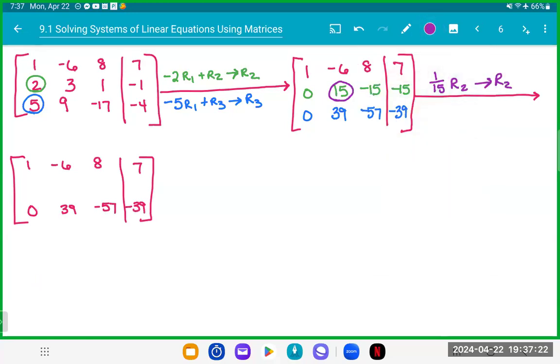Okay? So 0 times 1/15 is still 0. 1/15 times 15 is 1. 1/15 times -15 is -1. And 1/15 times -15 is -1. Okay? All right. Any questions?